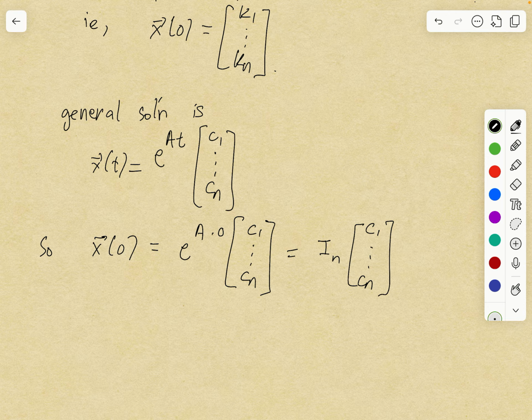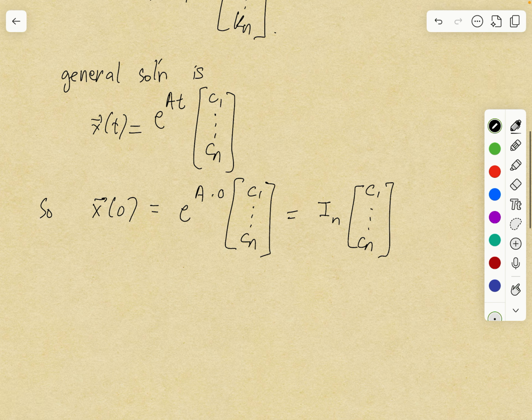times c1 to cn. Alternatively, you could just use the definition of the matrix exponential. e to the At is the identity plus At plus A squared t squared over 2 factorial, etc. If you have A times 0, those terms with the t's just become 0, and you're left with the identity matrix.